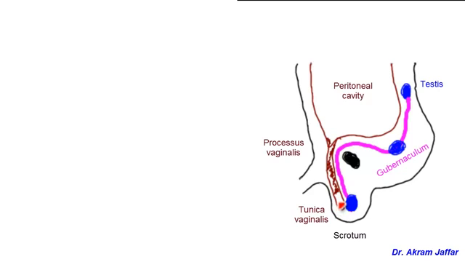tunica vaginalis. Failure of obliteration of this segment of the processus vaginalis will make it continuous with the peritoneal cavity and create a potential site for a hernia to take place.